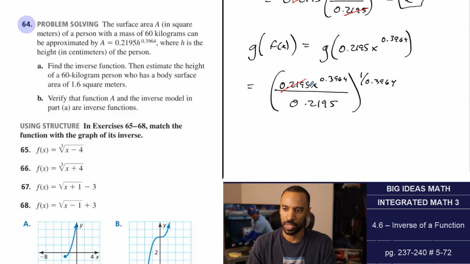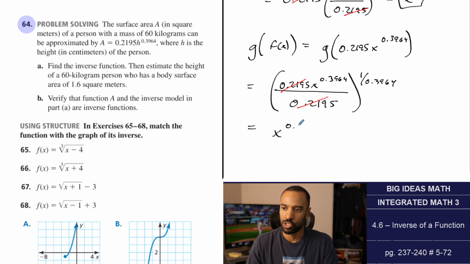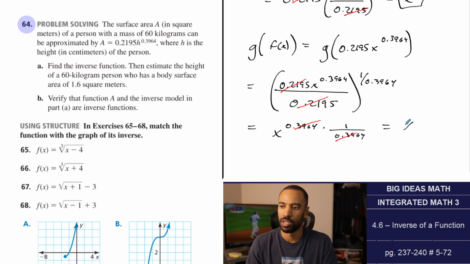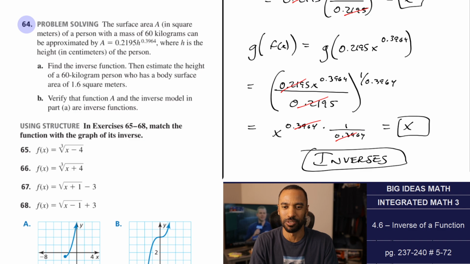Now these can divide within here to become 1. And then you have x to the 0.3964. Now these get to multiply times 1 over that, 0.3964. And these get to divide out and become 1. And then you're just left with x here as well. So confirmed inverses. Not my favorite versions of ways to do those problems, but it still works itself out.